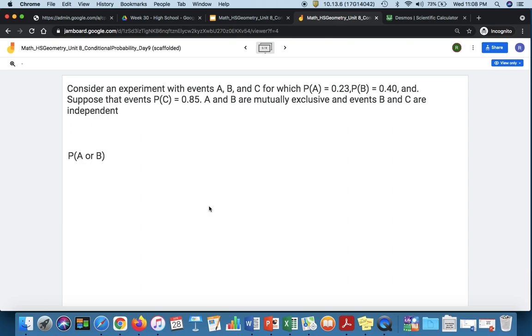So in this case, since we're told that A and B are mutually exclusive, for the probability of A or B, that's going to mean that it's the probability of A plus the probability of B. And we're told the probability of A is 0.23 plus the probability of B is 0.40, so our answer is 0.63.